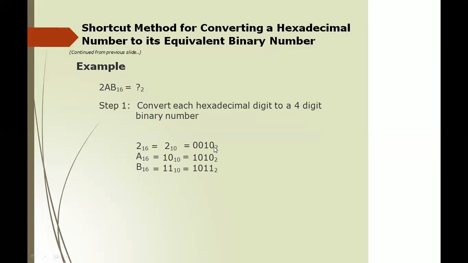Here we have to put 00, because we are going to convert this number in the hexadecimal number system. That's why for every digit we have to write 4 binary digits, and if there are 1 or 2 binary digits, then we have to write one more 0 to the left side of any digit to make it a 4-digit binary number.